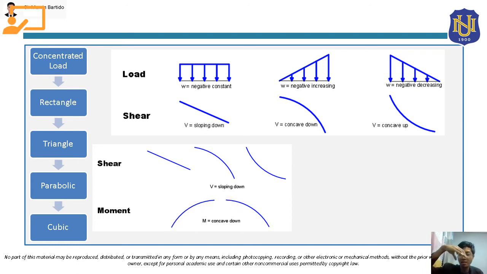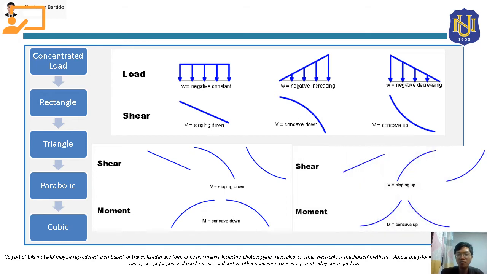On the other hand, if your shear is sloping up, going up from left to right, so this is sloping up, this is sloping up, this is also sloping up, then automatically its moment will always be concave upward. As you can see here, this is concave upward, and also this is concave upward.